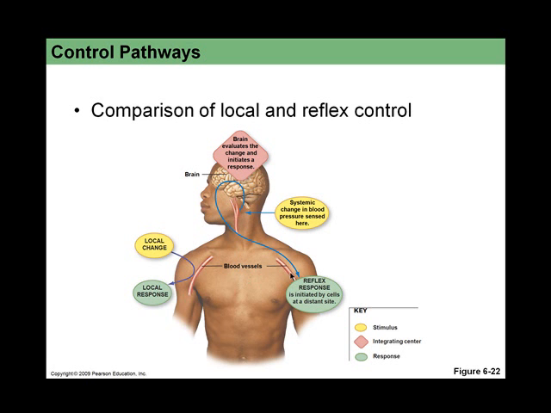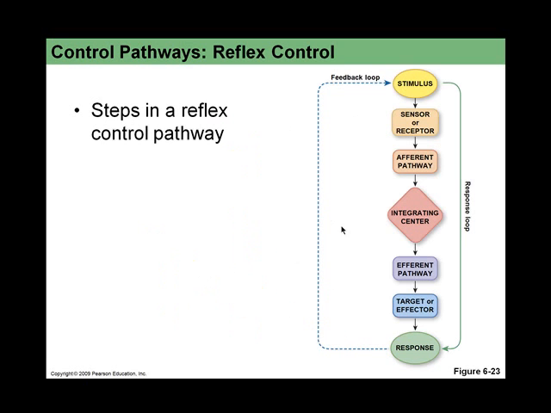So somebody that already has high blood pressure and doesn't have a really good vascular system can be placing themselves in a very vulnerable situation for a cardiovascular event simply by climbing up a ladder and hammering a nail into the ceiling. So I want to put it in perspective here for these control pathways and how it can relate to pathological conditions.